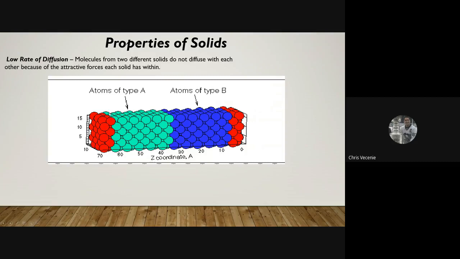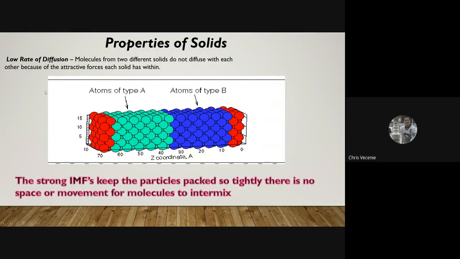But in a solid, the strength of the IMFs is too great for them to break away and infiltrate the other type of particle. So molecules from two different solids do not diffuse into each other because each solid has very great attraction forces. The strong IMFs keep the particles packed so tightly that there's very little space for the reds to move into, and they can't break away from their own next door neighbor to intermix with the others.